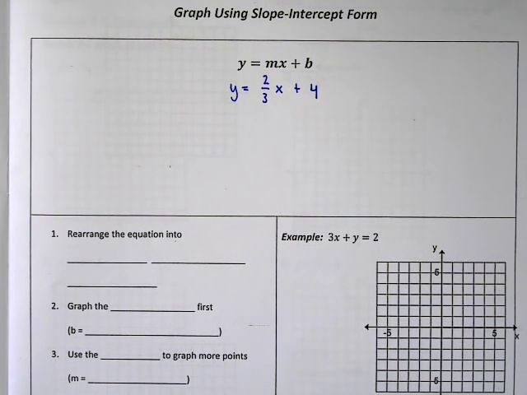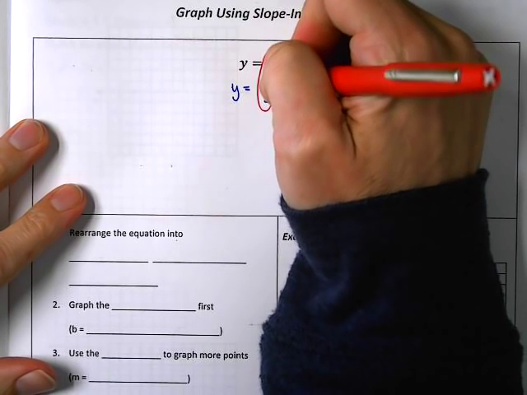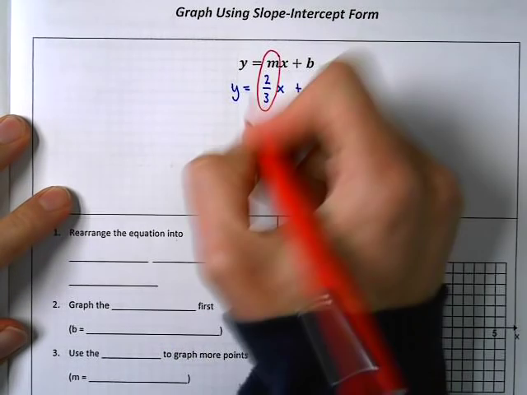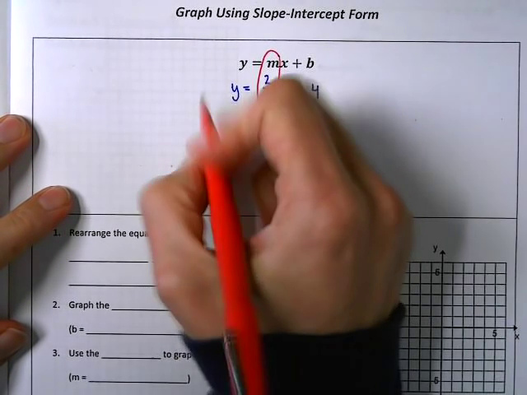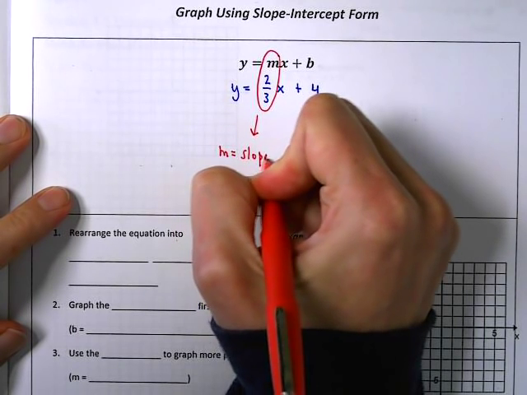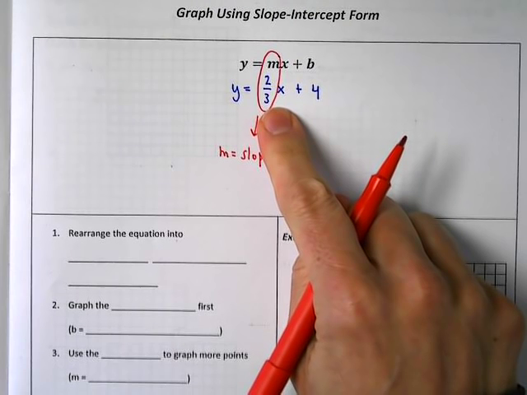There's really two important parts here that we're going to talk about, and that's our m and our b. So I'm going to circle this. In the example I gave, my m is 2/3. Now that should be familiar to us. We know that m we use to represent the slope. So in this equation, my slope is 2/3.